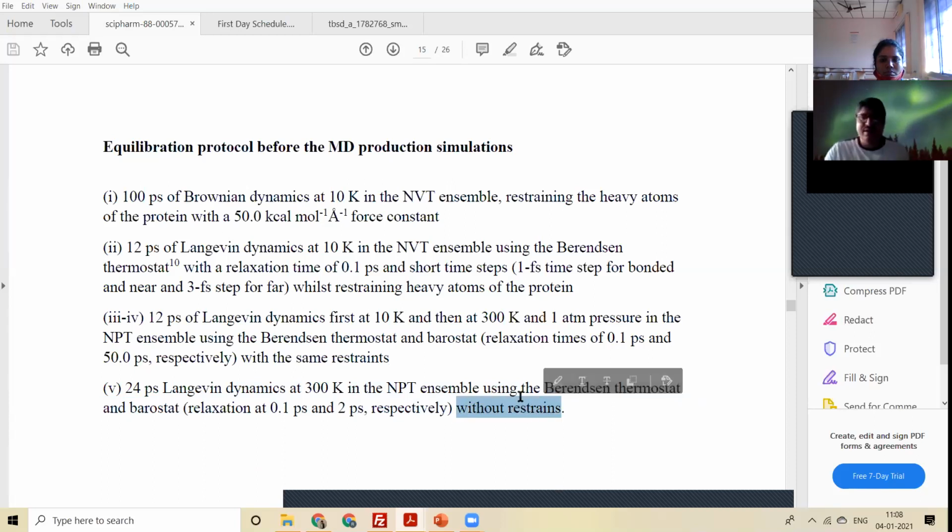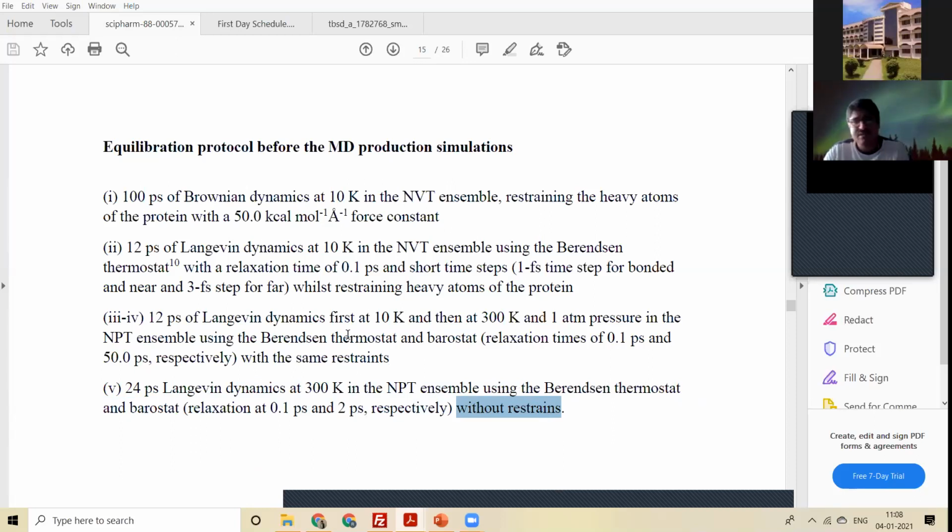This allows a smooth switch from the minimization step to the production simulation, and that is important in MD simulation studies. And then we run a general MD simulation protocol, which is already in the paper.